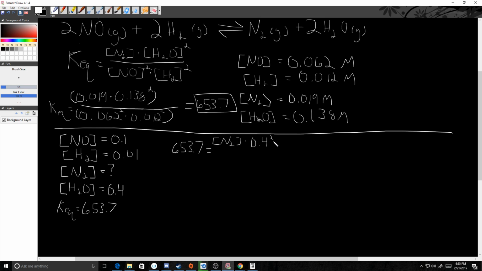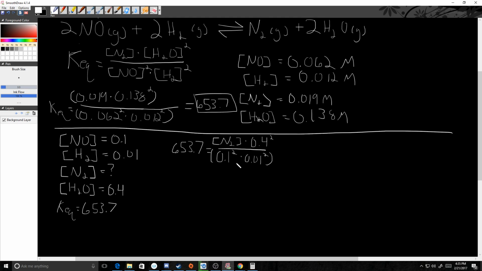We're going to square that number. And that's over the concentration of the NO squared, so 0.1 squared, times the concentration of the H2, 0.01. And we're squaring that number as well. All right, parentheses around that stuff. You can do your squaring first if you want. I think we'll be okay if we wait until later.